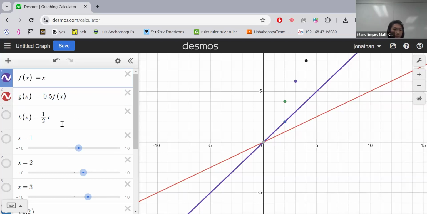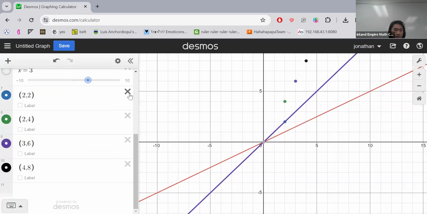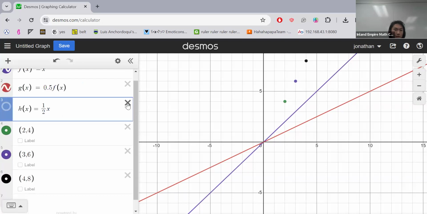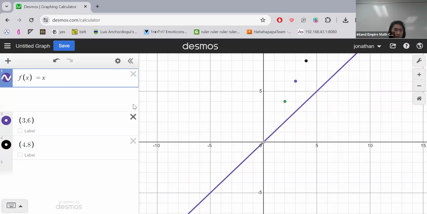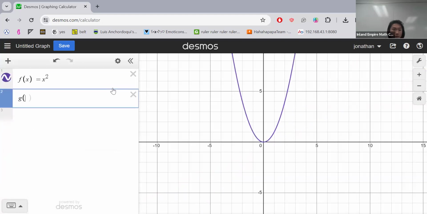All right. So let's explore how that changes the quadratic function. Clear the Desmos a little bit. All right, still the same thing. g of x is equal to f of x. Right?